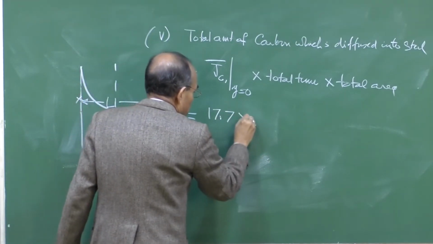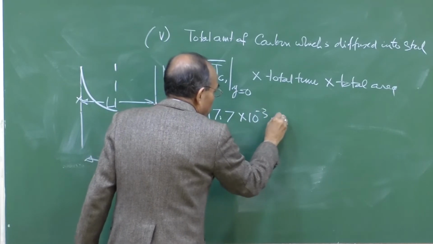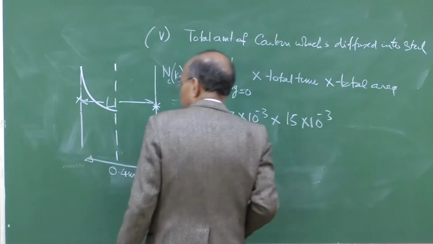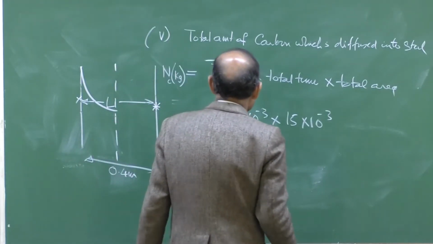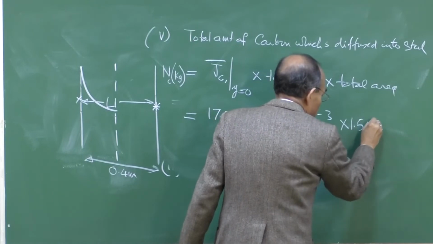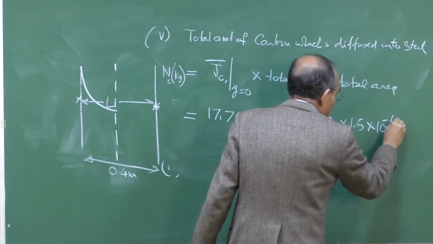So, that is equal to 17.7 into 10 to the power minus 3 multiplied by 15 into 10 to the power minus 3, okay. And then we have the time, which is equal to 1.5 into 10 to the power plus 4.